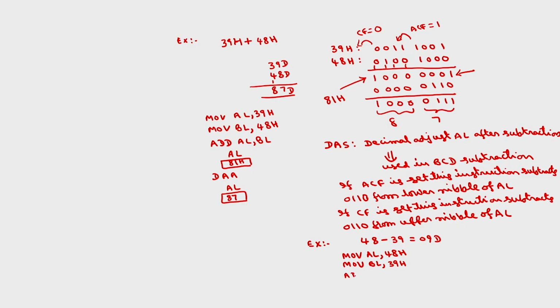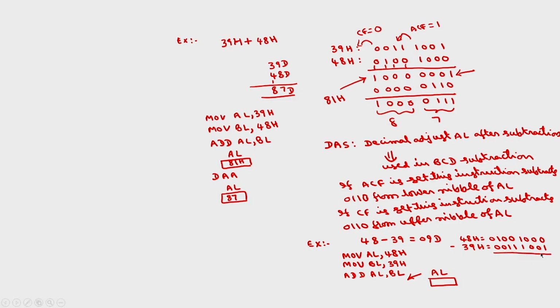Then if I subtract these two, SUB AL, BL, the contents of AL will be the hexadecimal subtraction value. So 48H is 0100 1000 minus 39H, which is 0011 1001.